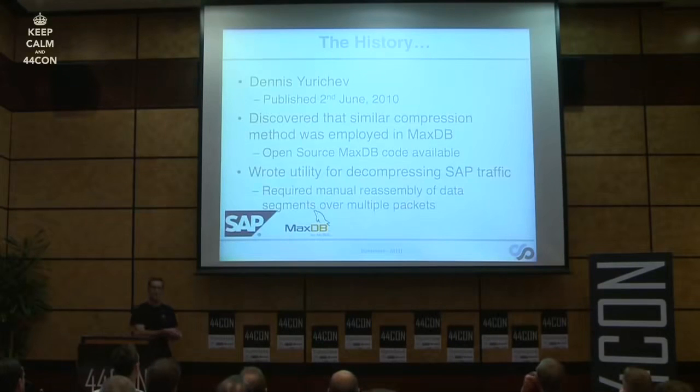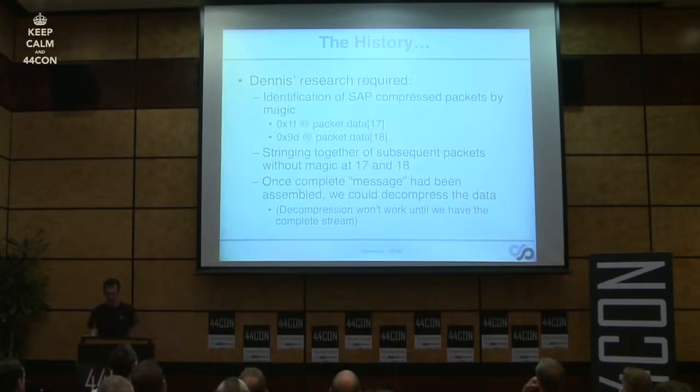But the problem was it was also not particularly user-friendly, because it required the user to sit with Wireshark, capture all the various bits and pieces of the SAP messages, rebuild the compressed stream, and then run his utility against that. Obviously the decompression is not going to work until you've got the complete stream. So you had to identify SAP compressed data in Wireshark.